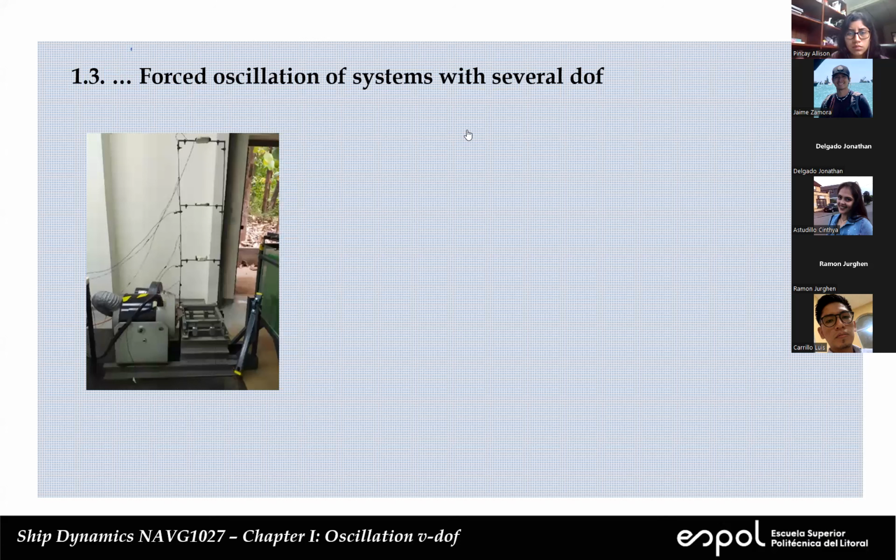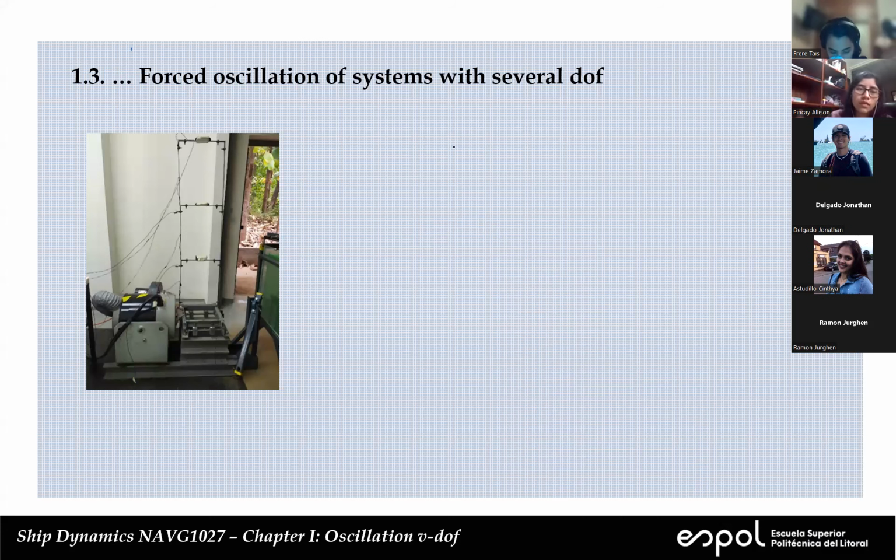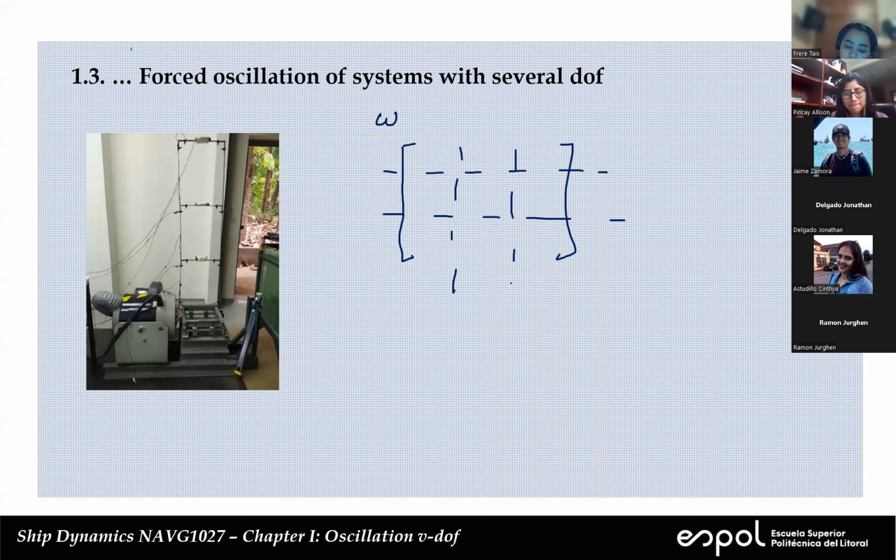So in that case, for the analysis that you need to do, again, in an Excel, you have in a cell the excitation frequency, then you have a 3x3 matrix.